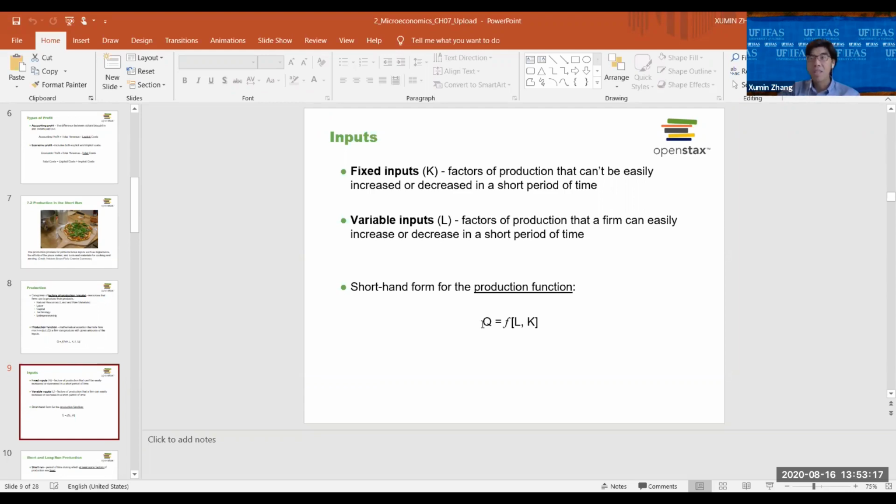So we need to produce the meals based upon the consumption, based upon the demand. In this case, we don't see that somewhere, but when we talk about maximizing our profit, we will need to take that into consideration. Here we only talk about the production function, which is a function of L and K.